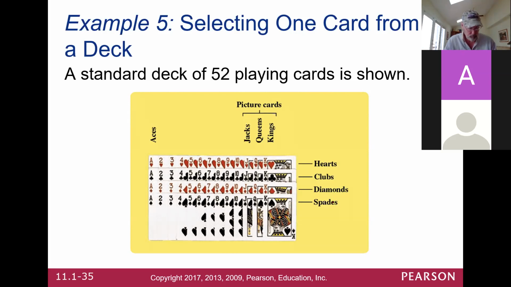It'd be about 1.9%. And what you did, Jason, I think, is that you took 1 and put it over 52 to get that number. Yeah. Okay, so every card has an equally likely chance of being selected.